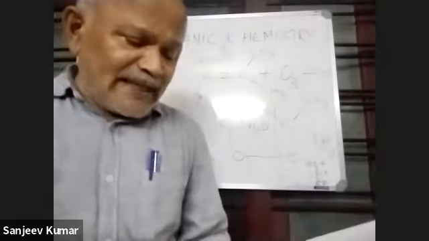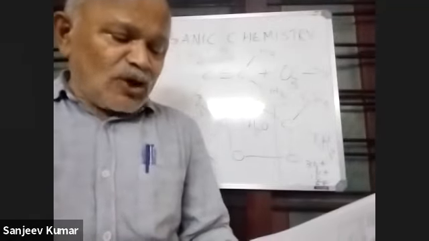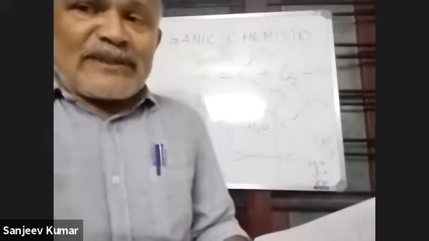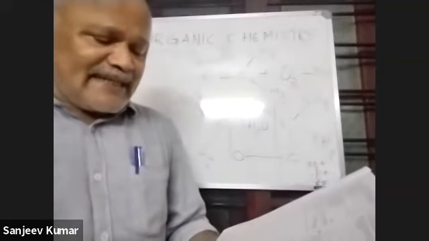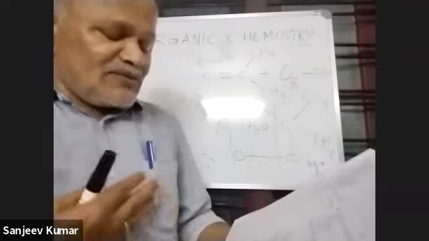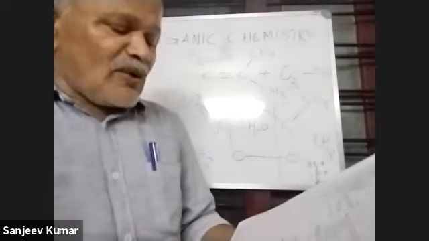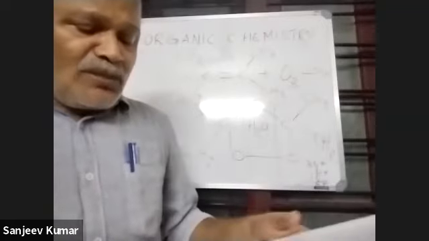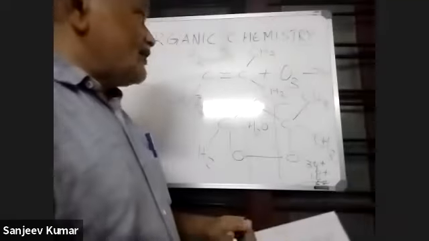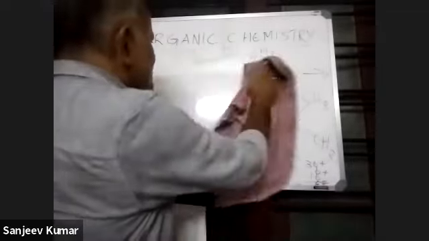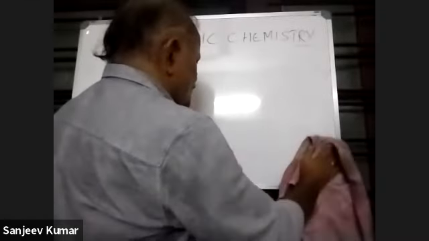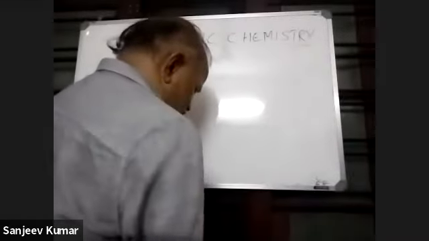Which among the following alkenes can exhibit geometrical isomerism? I have already mentioned that geometrical isomerism can be exhibited by compounds containing the unit CAB=CAB, where A is not equal to B. 2-methyl butene cannot exhibit geometrical isomerism because on one carbon A is equal to B, and therefore it cannot exhibit.